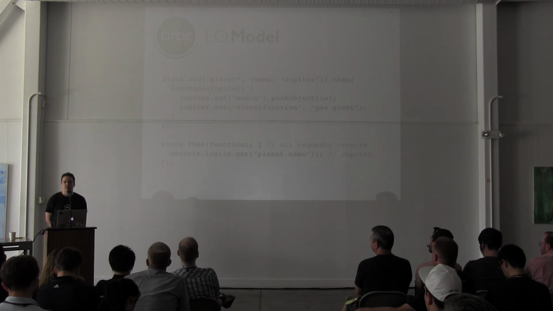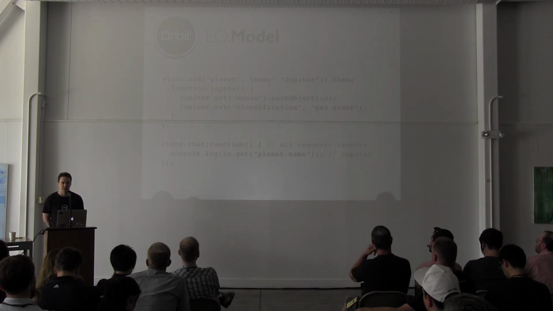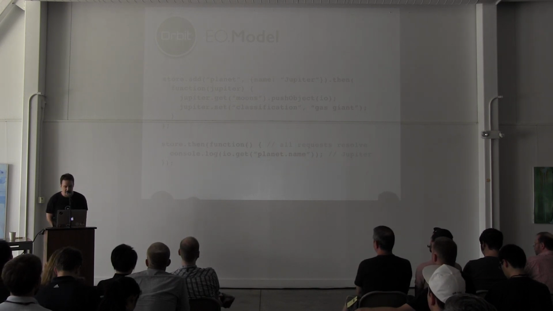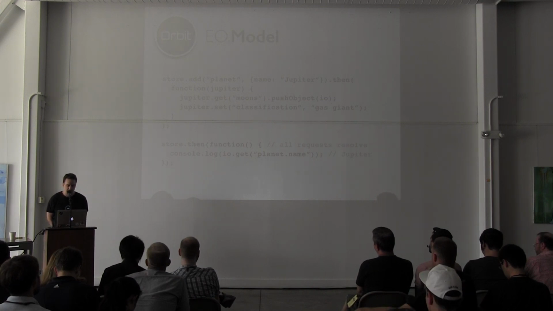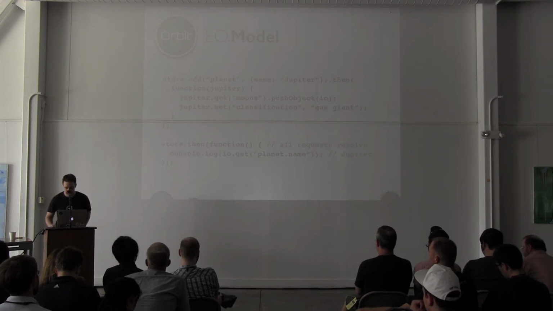But the result of an asynchronous operation isn't known yet. So the store itself acts as a promise, which can be resolved when all requests that are outstanding to it are resolved, in which case you can then see that the inverse operation of adding Io to Jupiter's moons also set Io's planet to Jupiter.